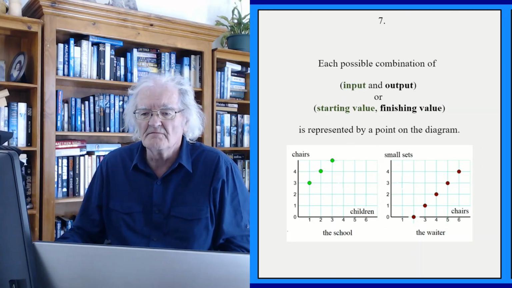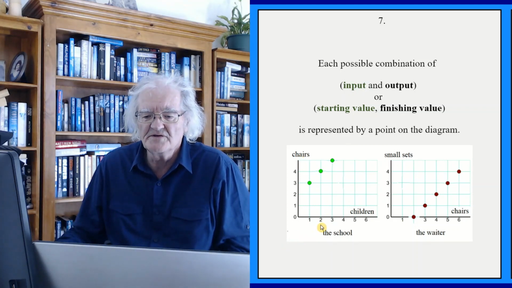Each possible combination of input and output, or starting value and finishing value, is then represented by a point on the appropriate diagram. For the school, we would have number of children determines the number of chairs required.